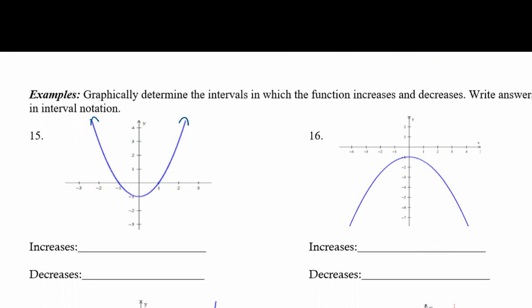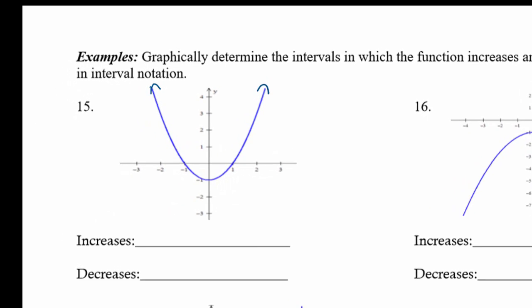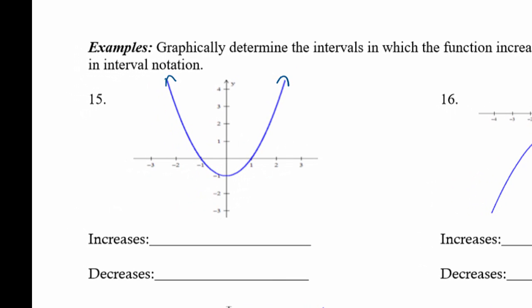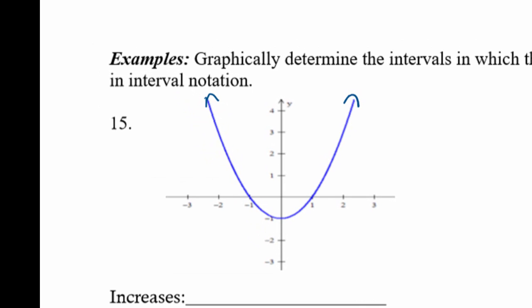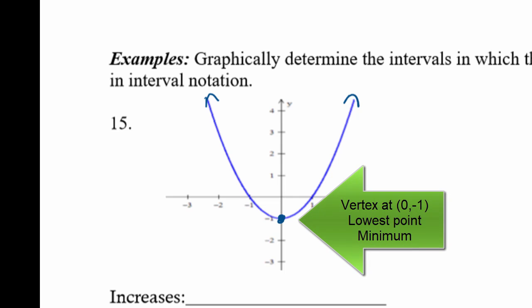So here's our first example, which you will recognize as being an upward parabola. Again, on the endpoints, I put the little arrows because those are implied. And let's look at where the parabola increases and decreases. Now, with a parabola, it's good to note where the vertex is. So our vertex in this parabola is right here, and that's our lowest point, isn't it?